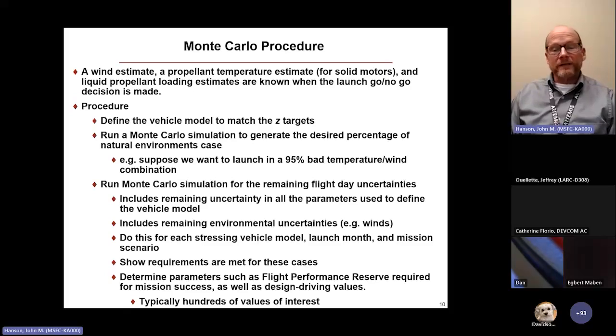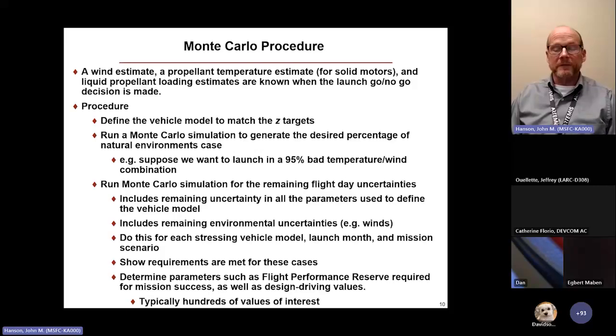And then we run a Monte Carlo sim for the remaining flight day uncertainties. So that includes the remaining uncertainty on all the parameters that we use to define the model. It includes the remaining environmental uncertainties. We do this for each of our stressing models. And for launch months, we find that some months are more stressing than others.